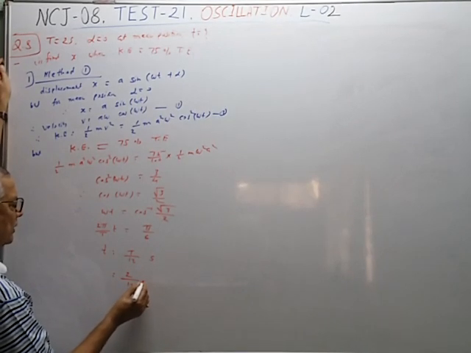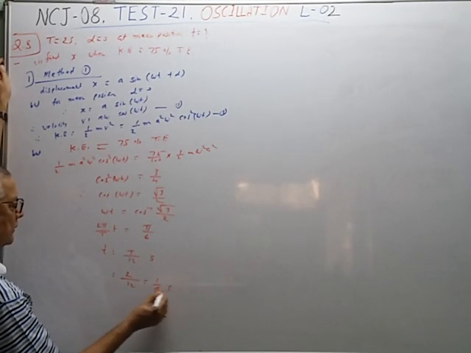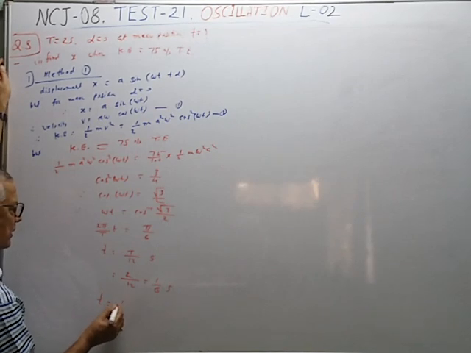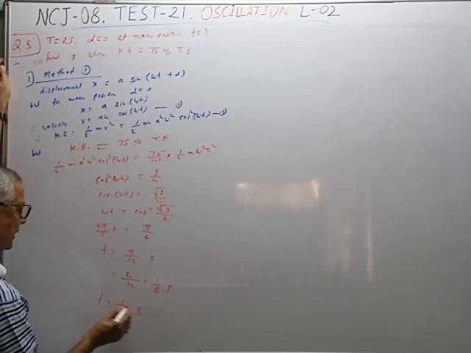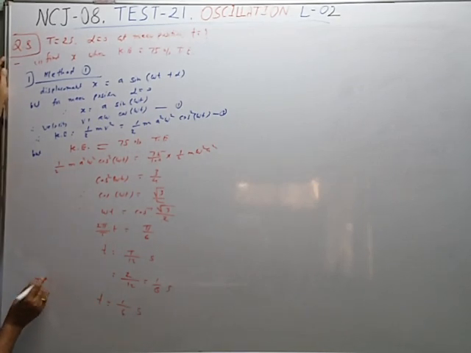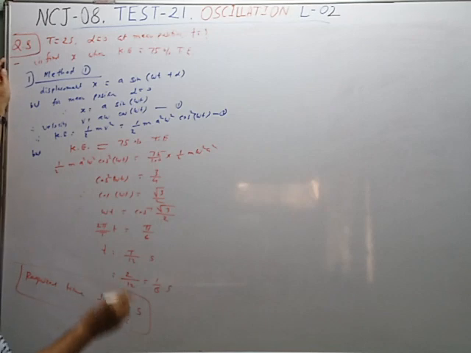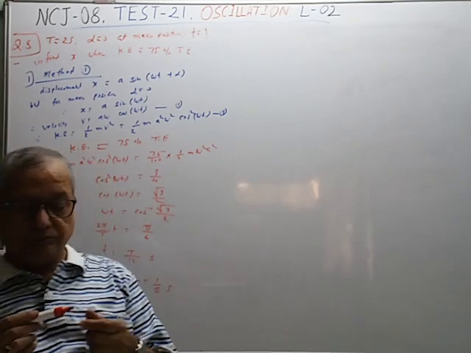So 2 upon 12 is equal to 1 by 6 seconds. So time taken is equal to 1 by 6 seconds. Required time t is equal to 1 by 6 seconds.